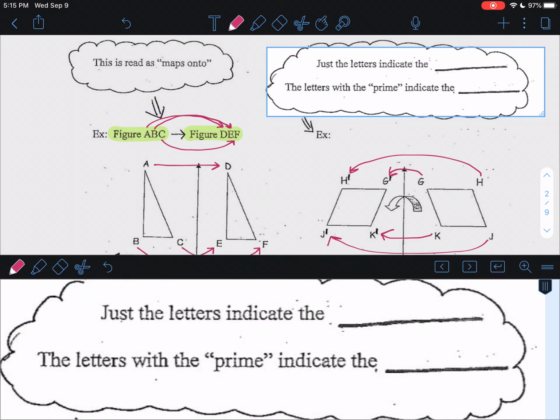So just the letter indicates the pre-image. And the ones with the prime letters indicate the image. Remember, the pre-image is before translating or transforming it, and the image is after transforming it.